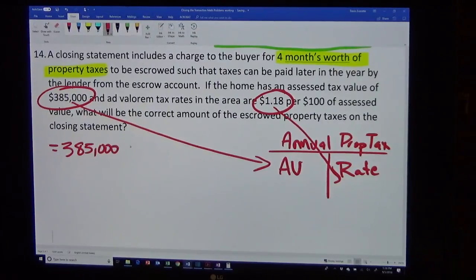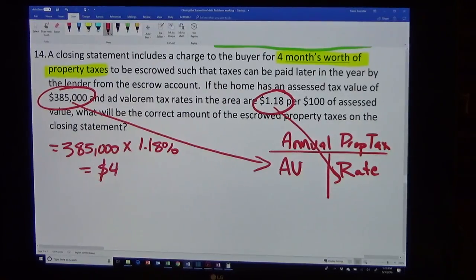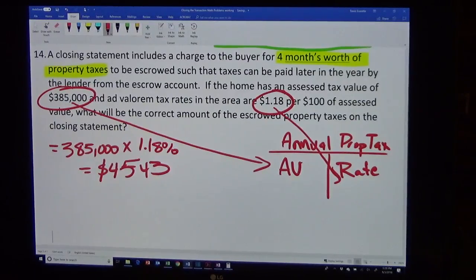$385,000 times 1.18%. Alright, and that is $4,543 per year in property taxes.